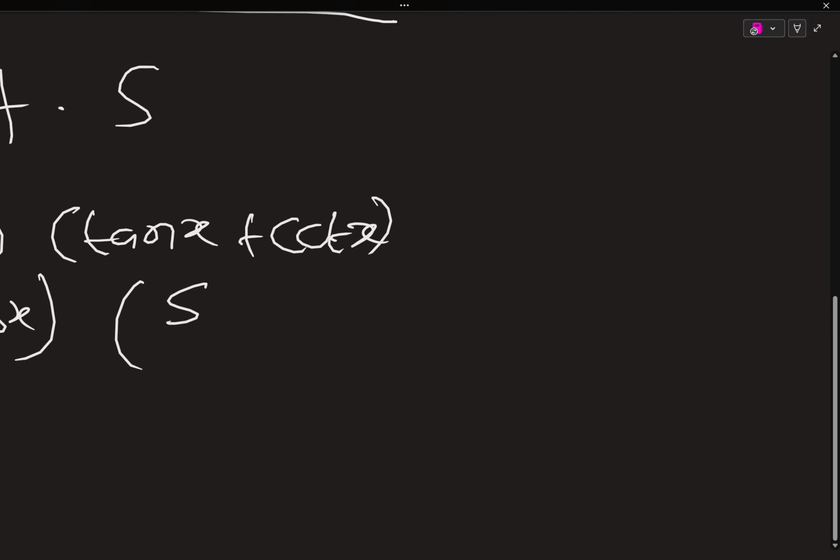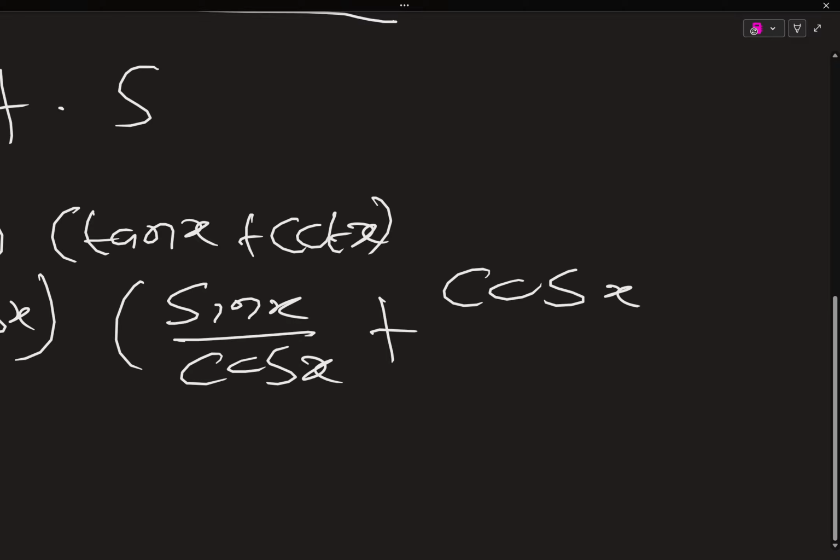Tan is simply sin x over cos x, right? Plus cot. What is cot? Cot is simply the inverse of tan, which is cos x over sin x, right?